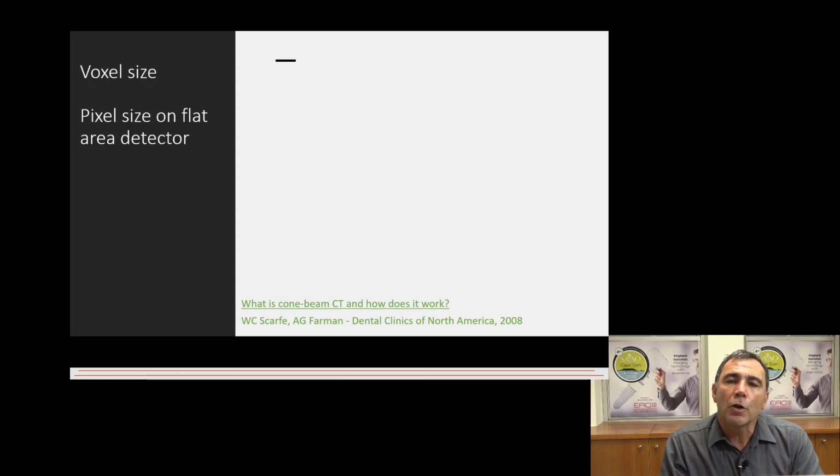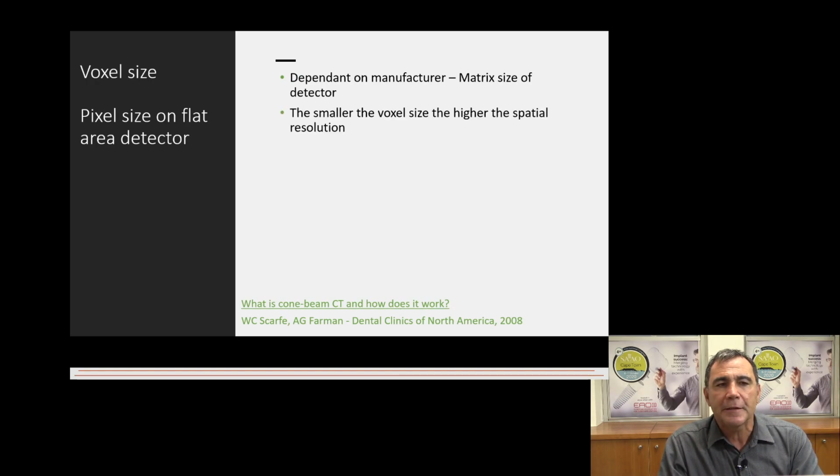If you have a lot of artifacts, so-called hard beaming, and it does not reach that detector, it cannot give you an image, but the computer interprets it and gives the average value between the most common values that it can see. So it depends on the manufacturer and the matrix size of the detector, and the smaller the voxel size, the higher the spatial resolution.